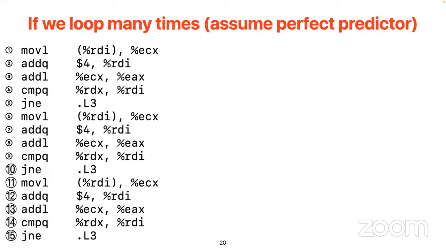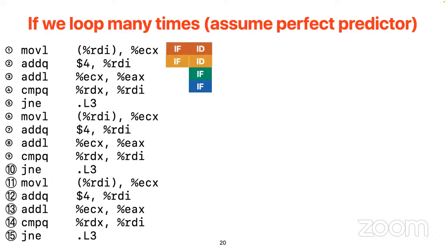And one more thing, right? Another way to look at the potential gain of performance is that if the piece of code is going to loop many times, and we assume we have a perfect branch predictor. Remember that in the last lecture, we were talking about how we are able to make the branch predictor accurate, so you can assume our predictor is pretty reliable at this point, right?